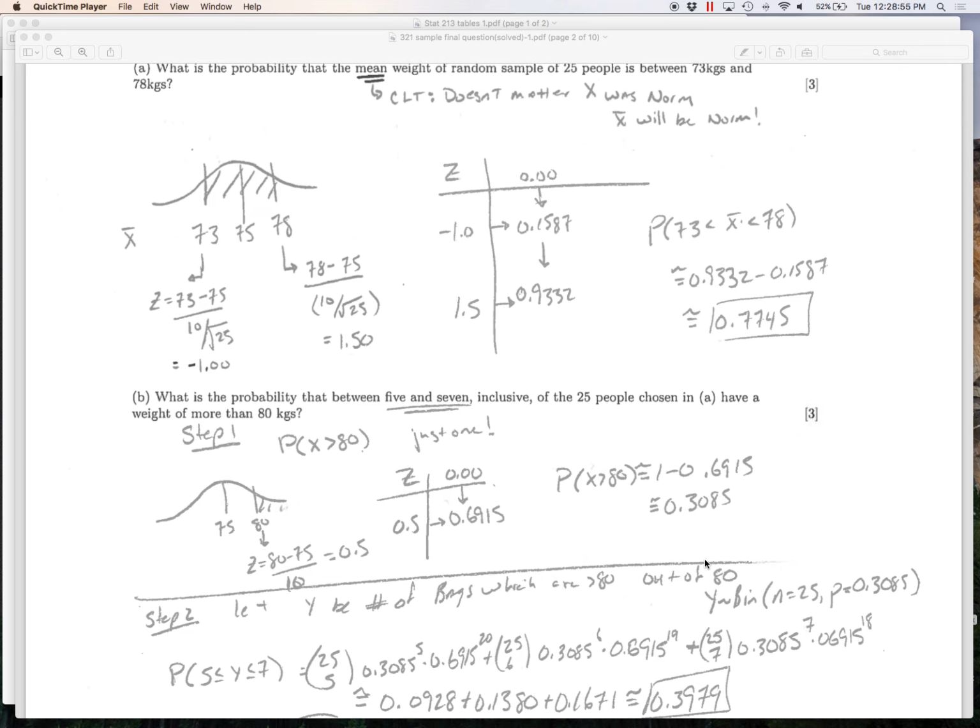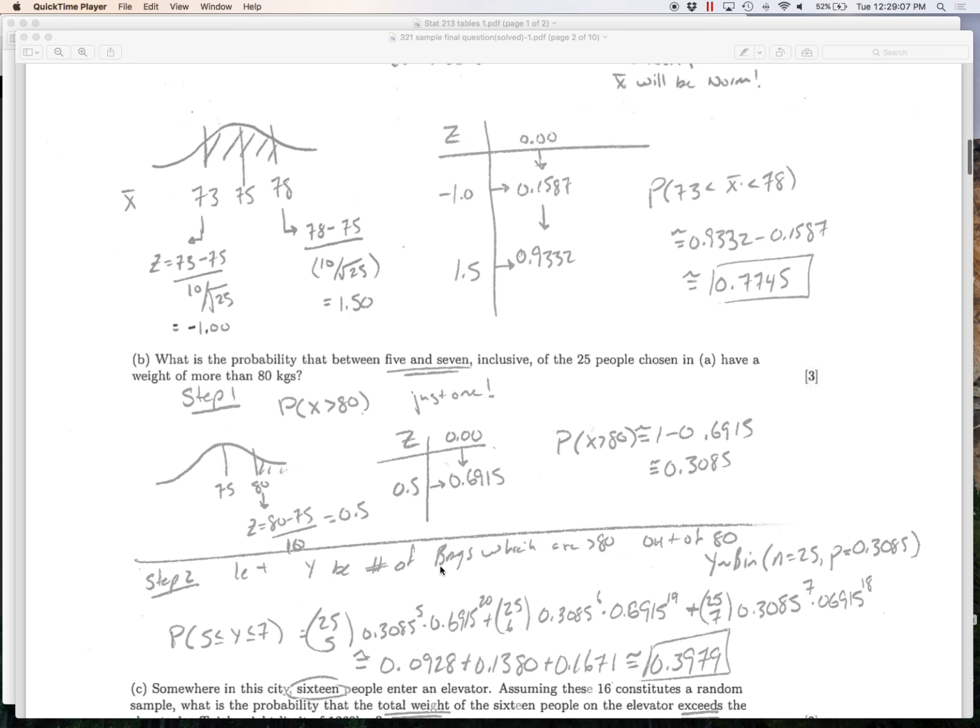Step 2 now, we need to talk about a total of 25 people and the probability of between 5 and 7 being over 80K. This is actually a binomial situation. So let y be the number of people who are over 80 kilograms. We found the probability of just 1.